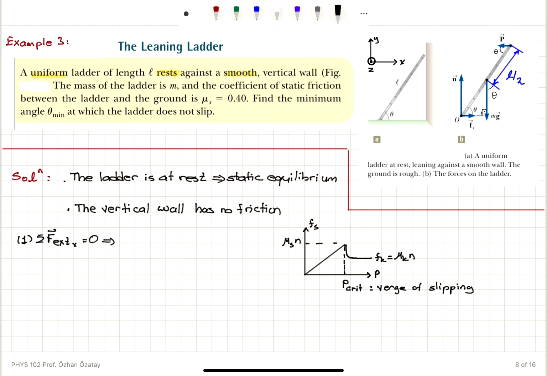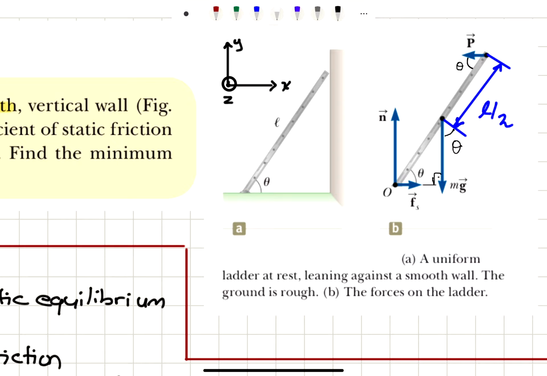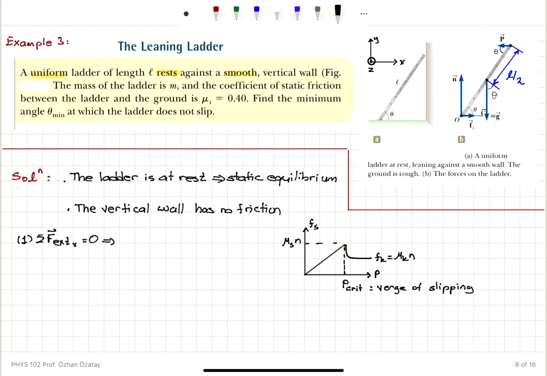So this requirement implies that since I have static friction pointing to the right, the contact force pointing to the left, I will have Fs minus P in i hat direction should be 0. Therefore, the static friction must be balancing the contact force from the wall.